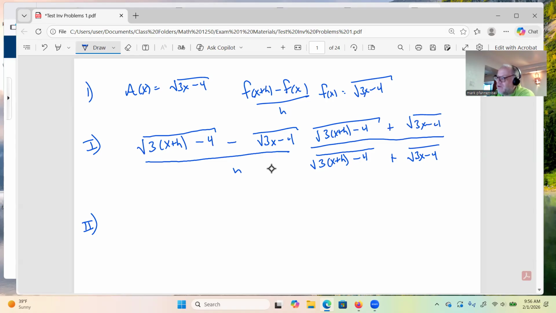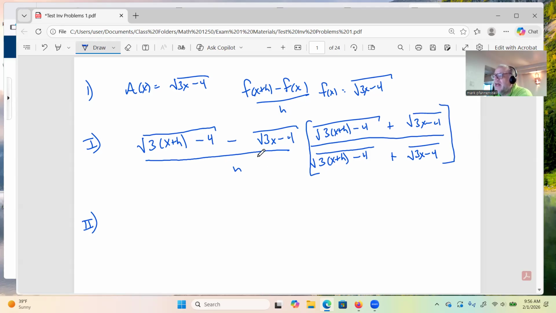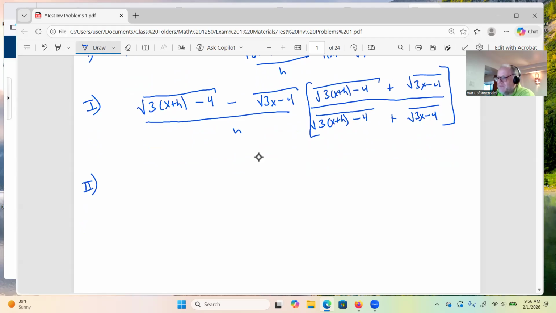Even though that's not a particularly attractive looking one, that is still a thing over a thing. That's the conjugate, and we just multiply by 1. There's only two tricks in math. We can either add 0, or we can multiply by 1. Now that we've multiplied by the conjugate, that was our step 2.